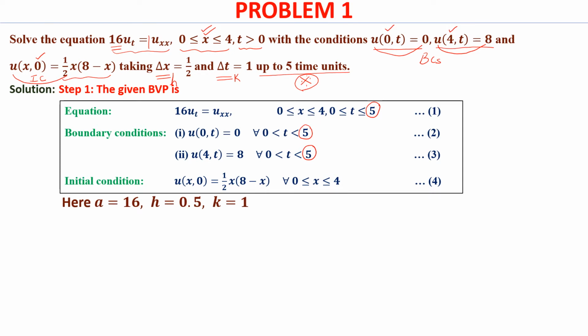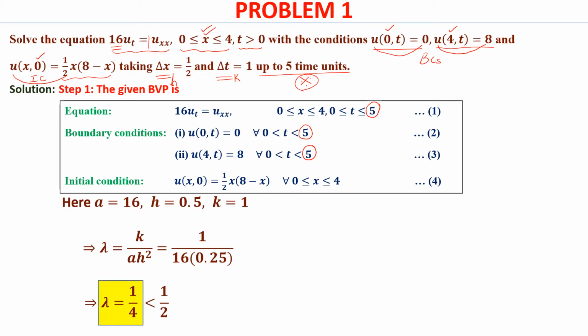So all the three are known to us. So we simply have to substitute them in that parameter lambda, which is given by k by a h squared. I substitute the values of a, h and k in it and get the value of lambda to be 1/4. I see that the value of lambda is less than 1/2, and so I use the explicit scheme here. That's the conclusion of step 1.